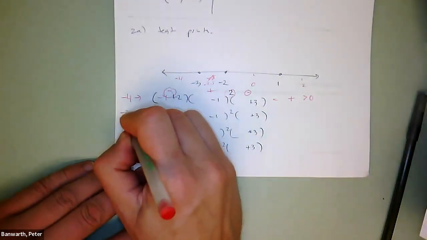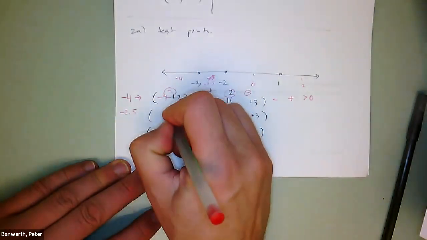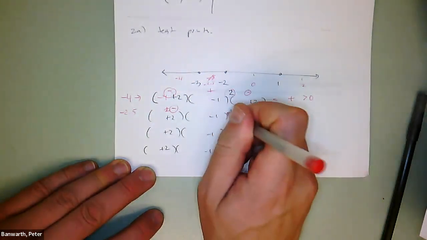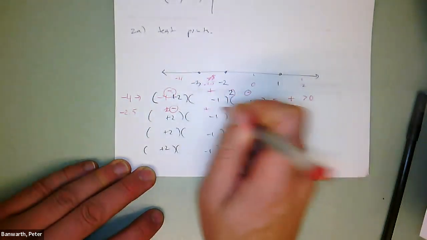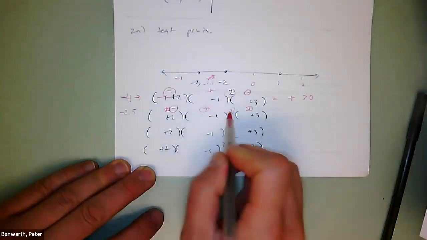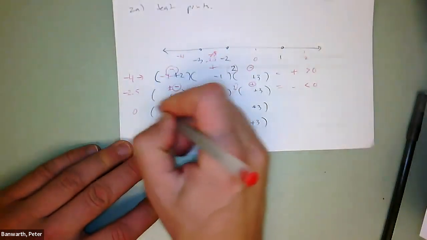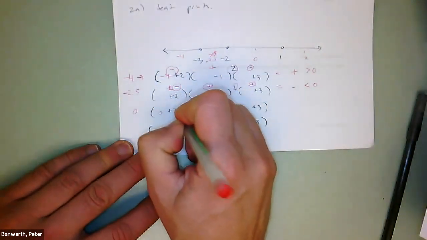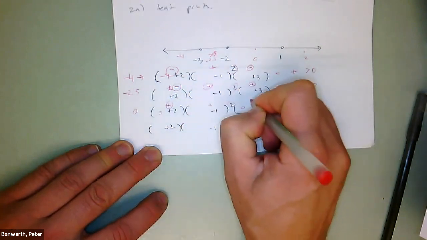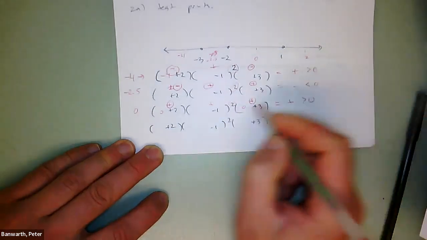If I put negative 2.5 in, negative 2.5 plus 2 is negative. Anything squared is positive. Negative 2.5 plus 3 is a positive, and a negative times a positive is a negative, less than 0. If I put 0 in, 0 plus 2 is a positive. Anything squared is a positive, and 0 plus 3 is a positive. So that's positive, greater than 0.